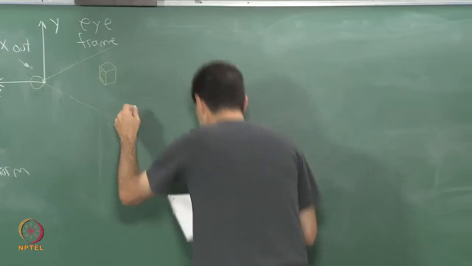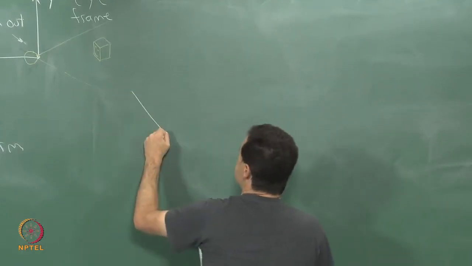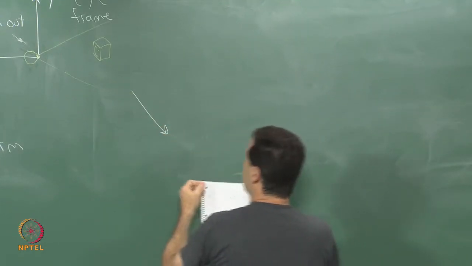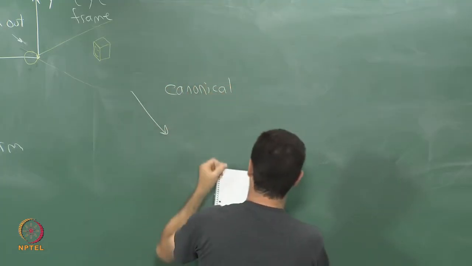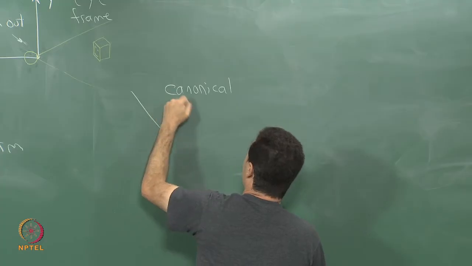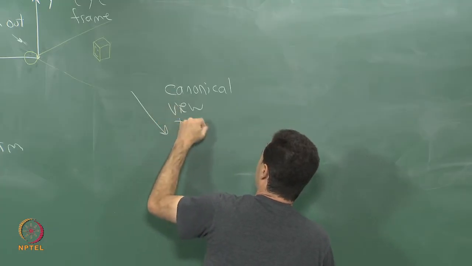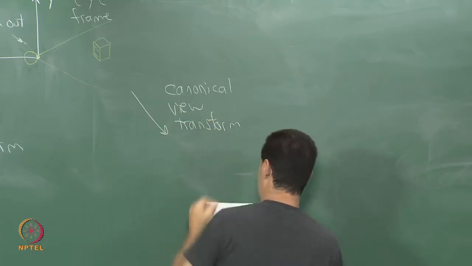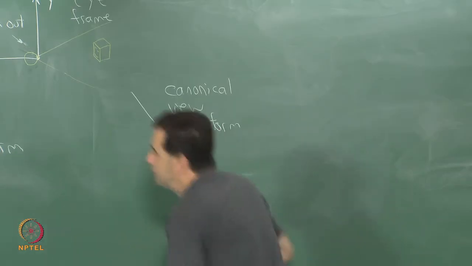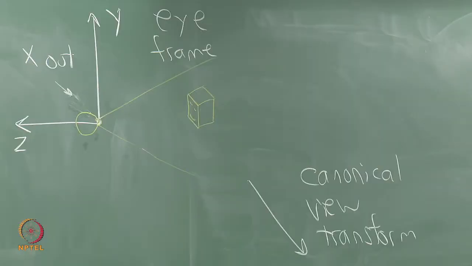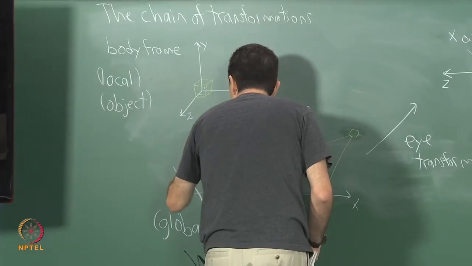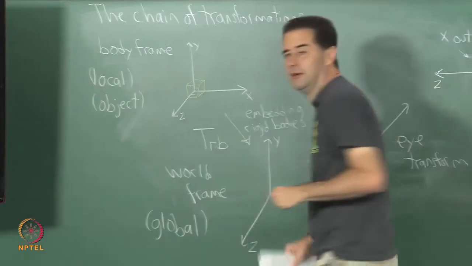So we'll do one more at this point, and it'll be called the canonical view transform. I'm going to give some notation to these as well. Let's see. I'll call this one TRB, rigid body.